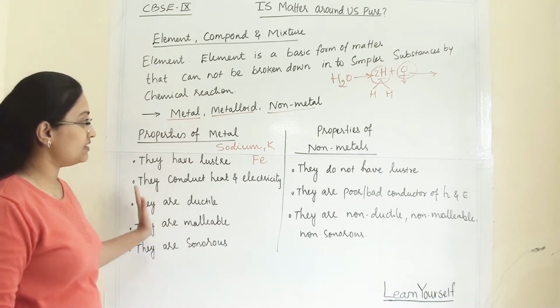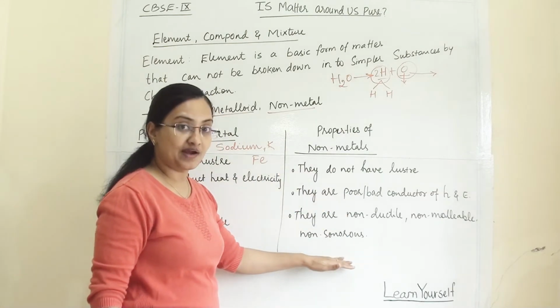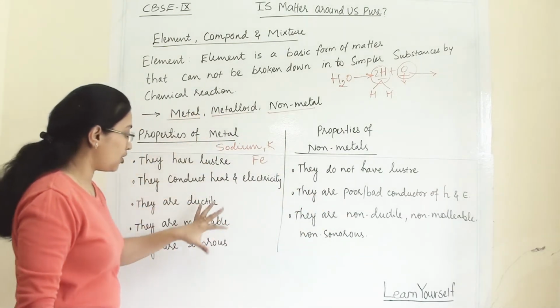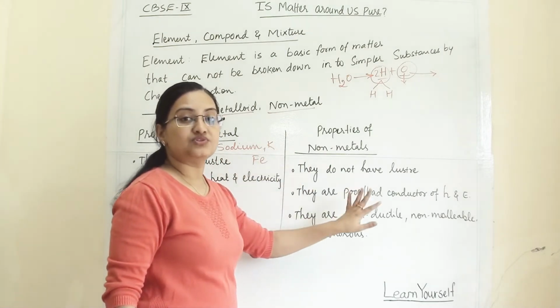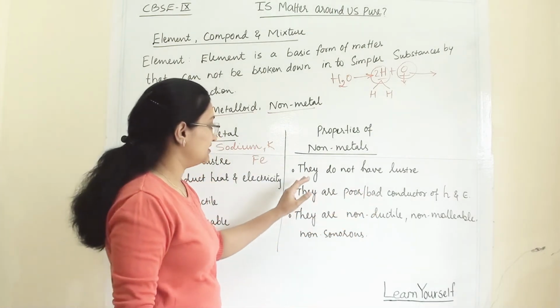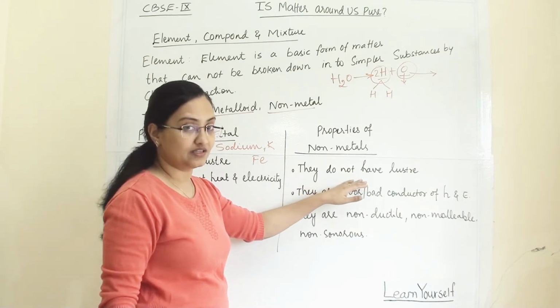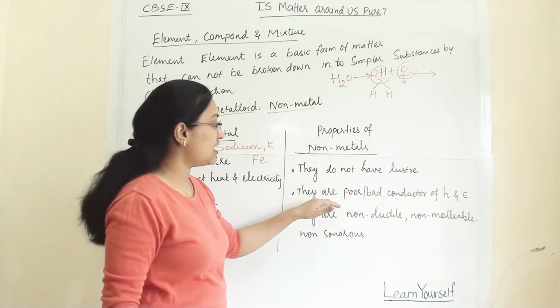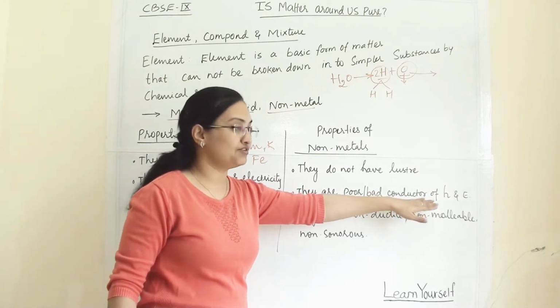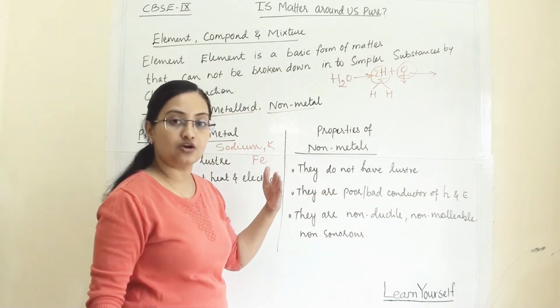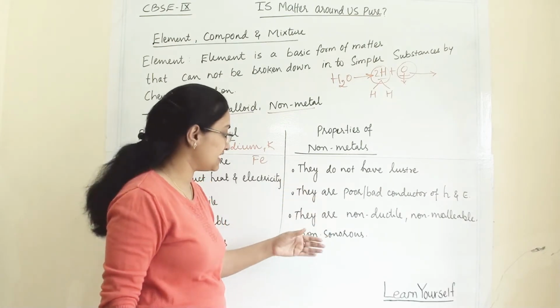Now when we are studying non-metals, whatever the properties of metal, it's exactly opposite for non-metal. They do not have luster, they do not have shine, they are poor or almost bad conductors of heat and electricity. They cannot pass heat and they cannot pass electricity.